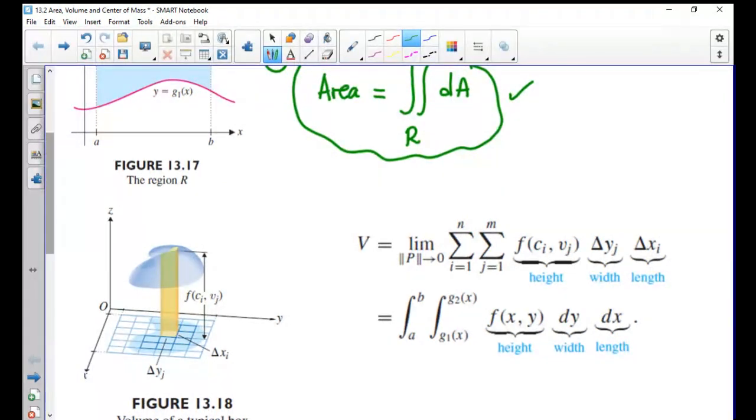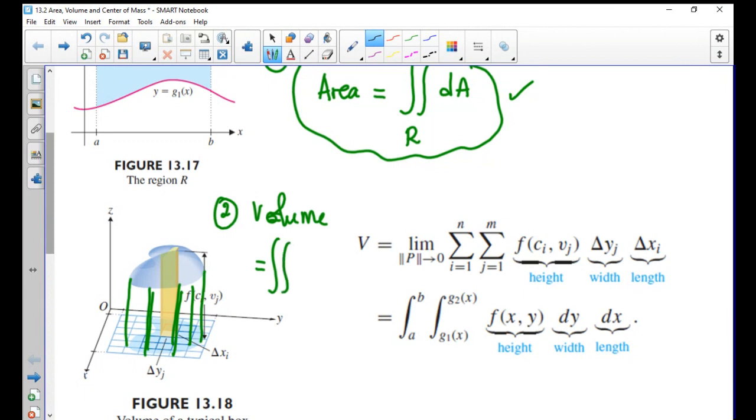So that is the first formula. The second formula is the one I just mentioned about volume. If you want the volume of a certain solid, the volume will be the double integral over R of the function f dA.